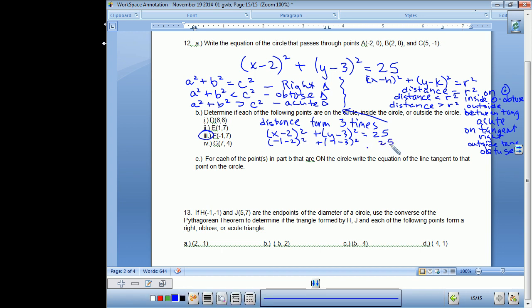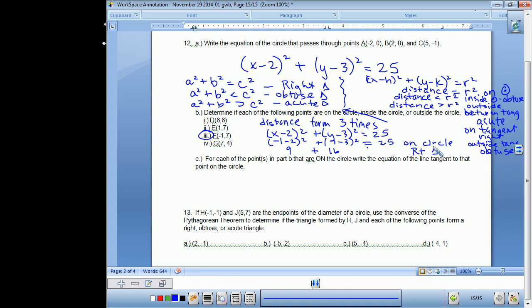That's what we want to see, how it compares. So we get -3 squared is 9, and 4 squared is 16. So this is equal to 25, isn't it? So this would be on the circle, and therefore a right triangle.